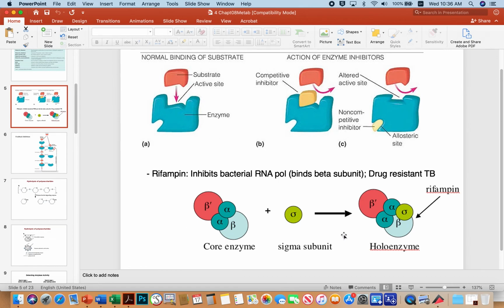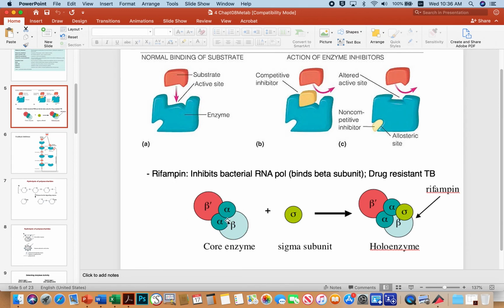A practical example of that I give is rifampin. Rifampin's an antibiotic that interferes with RNA polymerase in bacteria. And so we often use this to treat tuberculosis, drug-resistant TB, and sometimes the drug-resistant TB is resistant to the rifampin. But anyway, here's a representation of the enzyme RNA polymerase in bacteria.